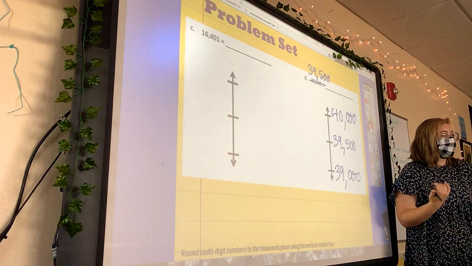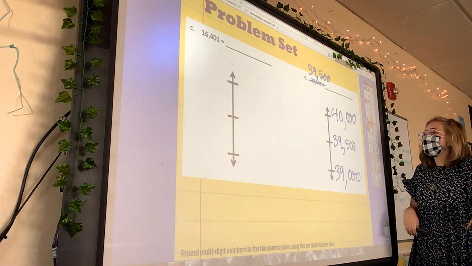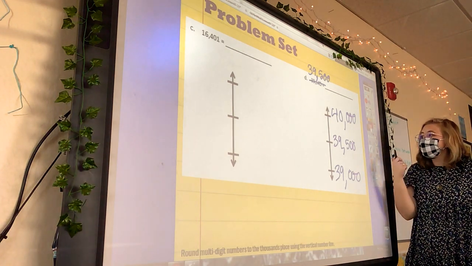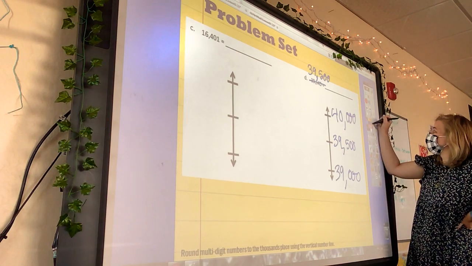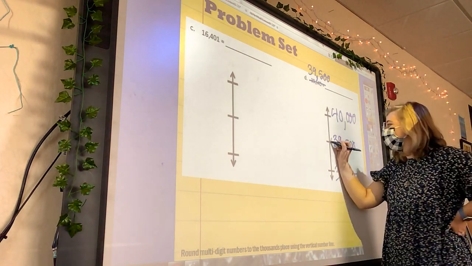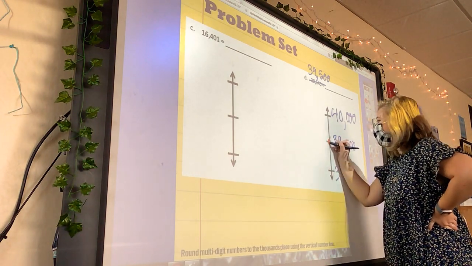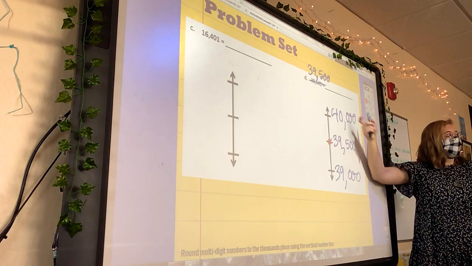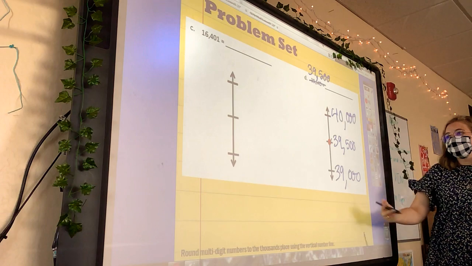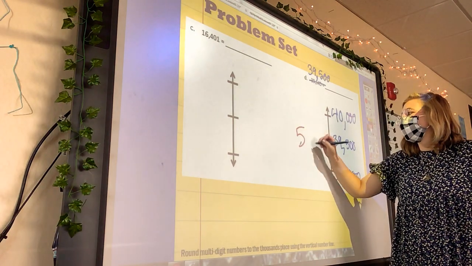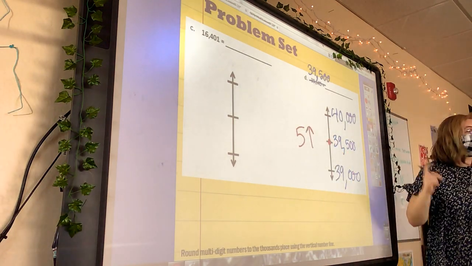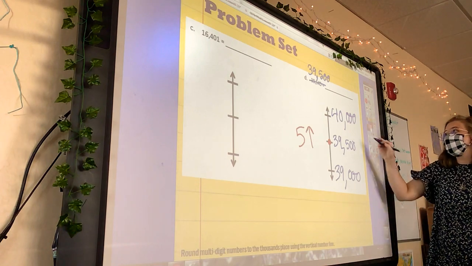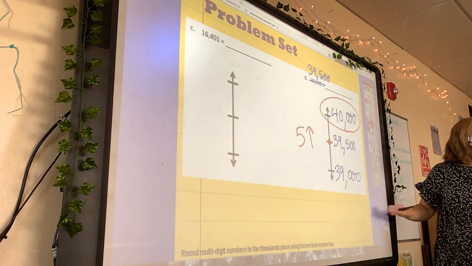We're still rounding to the nearest 1,000, right? But my number falls directly at the midpoint. So it's not closer to one or the other, right?